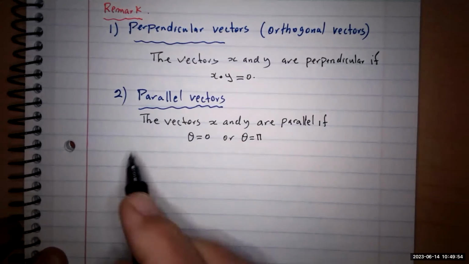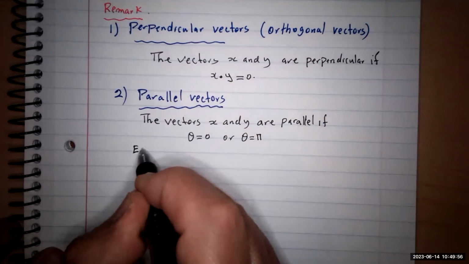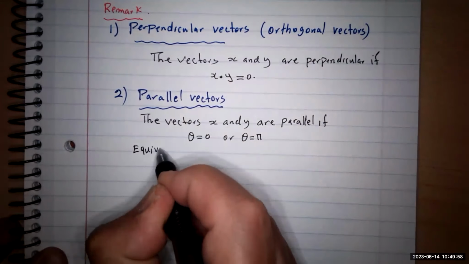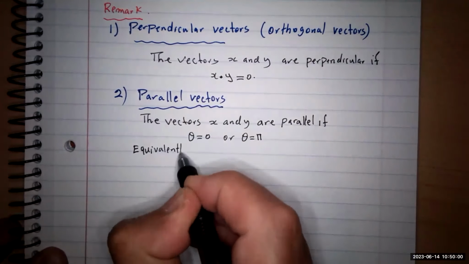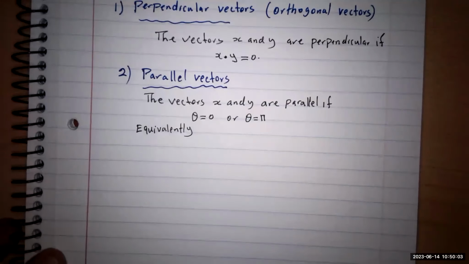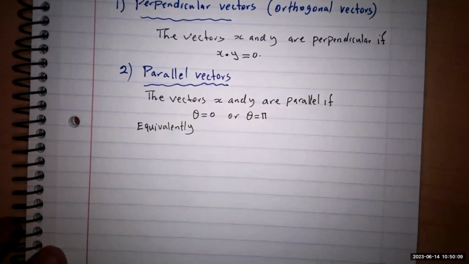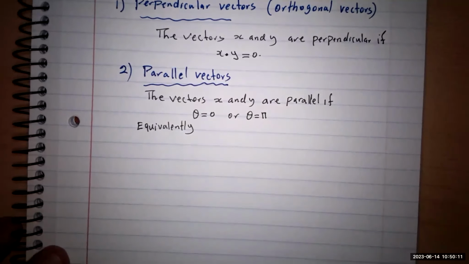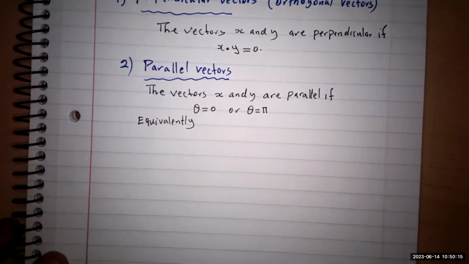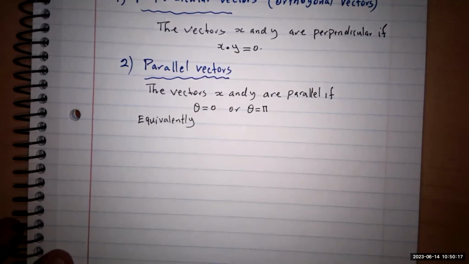There is an equivalent version that we're going to use, which is more popular. It's going to be used quickly today to get the definition of the equation of the plane and the equation of the line. Equivalently, this means one of them is a multiple of the other one.